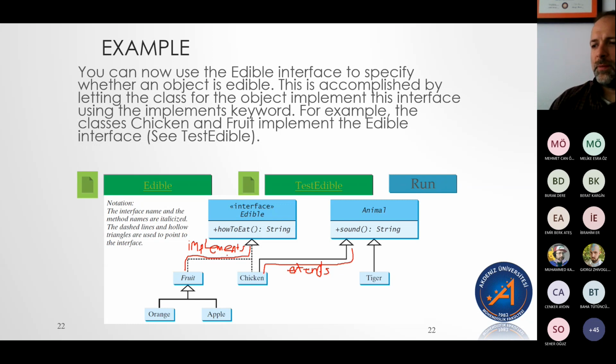So it exists as an abstract method here because Fruit implements that interface. It gets the how to eat method. If it does not make that a non-abstract method, that's okay. No compiler error there. But Orange and Apple will both need to have a non-abstract how to eat method. Okay.